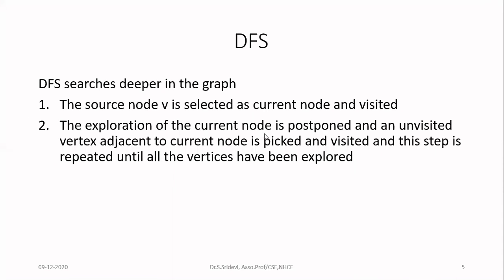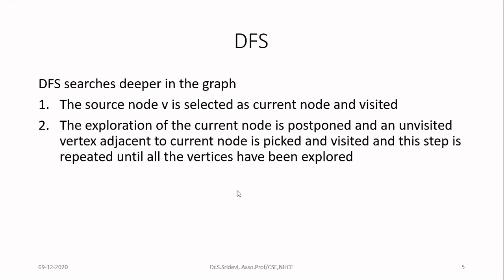The exploration of the current node is postponed. What I will do instead, I will check any one of the unvisited vertices adjacent to the current node. Then I will visit that. Then with respect to that node, I'll do the same process again. And you will do this process until all the vertices have been visited. Now, let us see the actual implementation. This is how we are going to proceed with the algorithm.